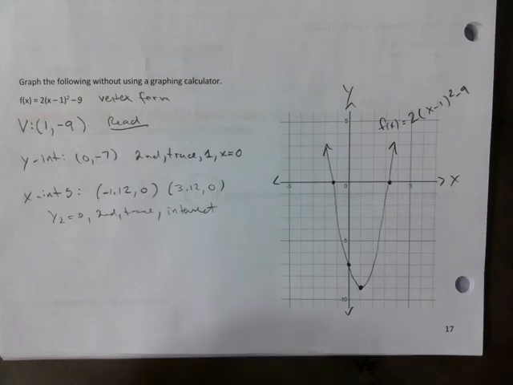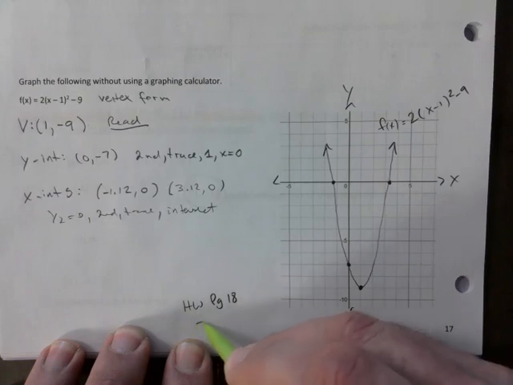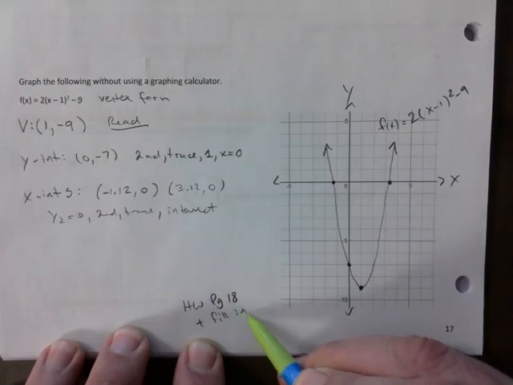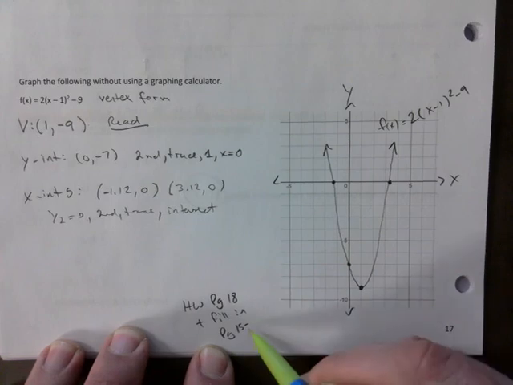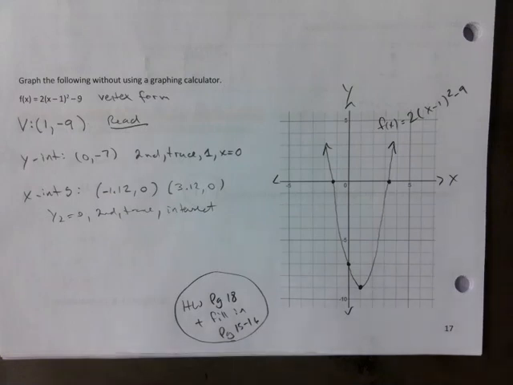So I'm just going to say homework, page 18. Plus, fill in pages 15 to 16, basically. Make sure you try those graphs. They're right next door. Read carefully what I'm asking you for. And then graph.